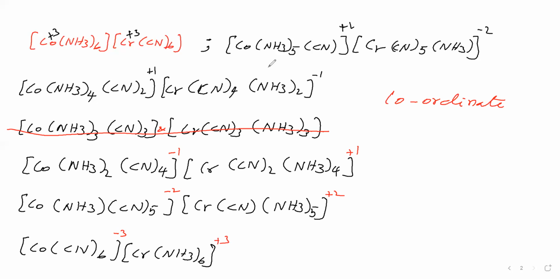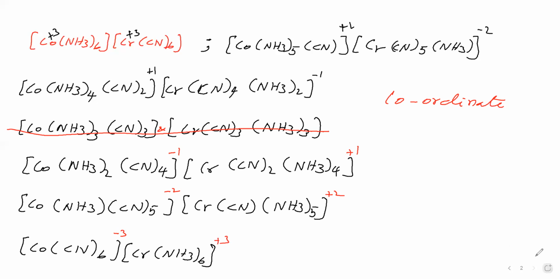By interchanging ligands, we have to get isomers. Then we can say these are coordinate isomers.